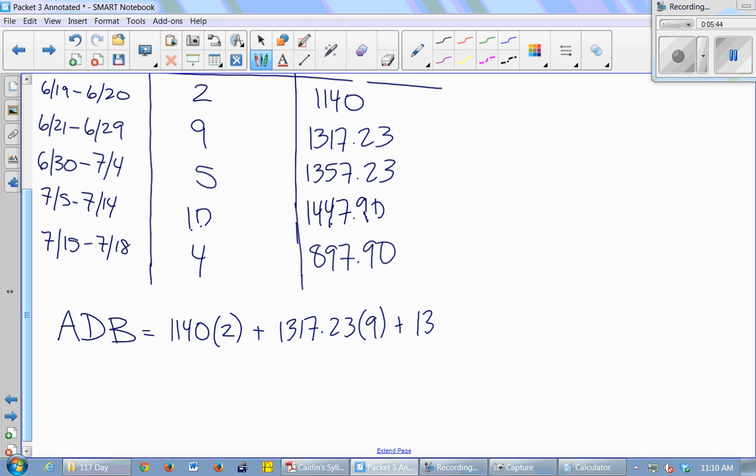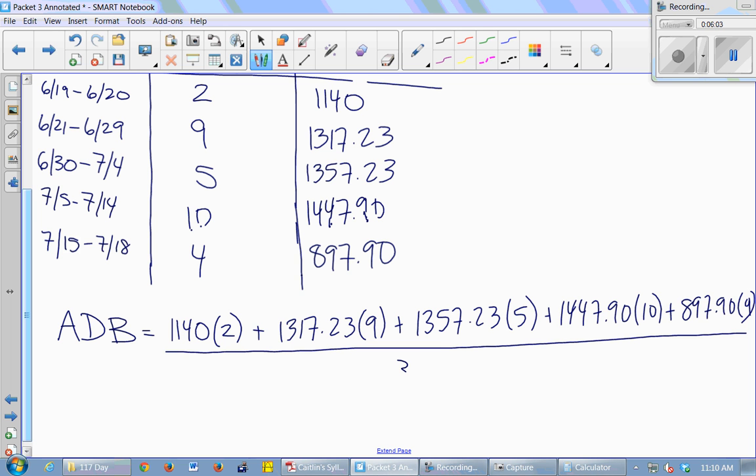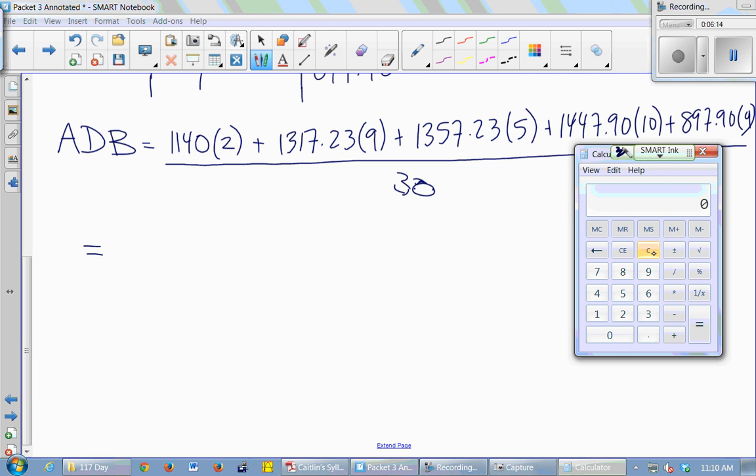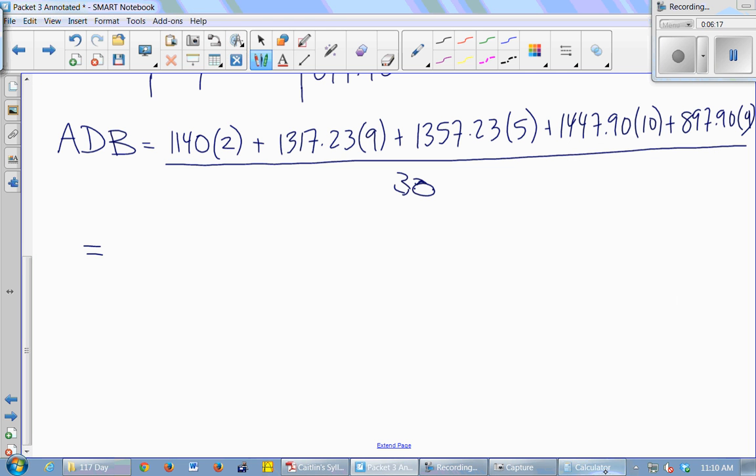And then I have 1357.23 5 times, and 1447.90 10 times, and then 897.90 4 times. And that's all divided by 30 days in the billing cycle. So we just type this all into a calculator. And I'm not going to bother because I have the answer right here. 1299.73.